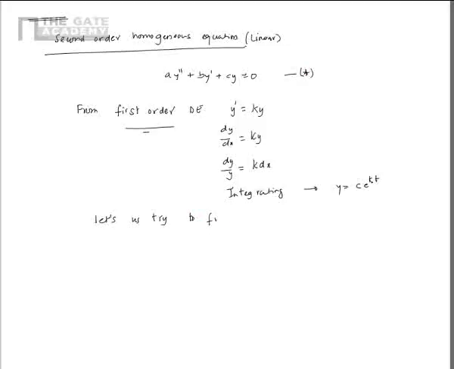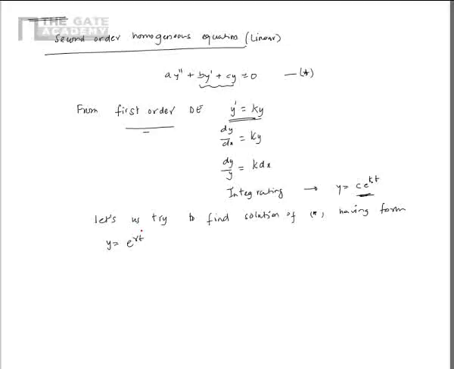Let me call this star. To find a solution of star having the form, because these terms look similar to this, right? There is nothing wrong in trying a solution in the star equation of the form y equals e^(rt). Constants let us keep aside.